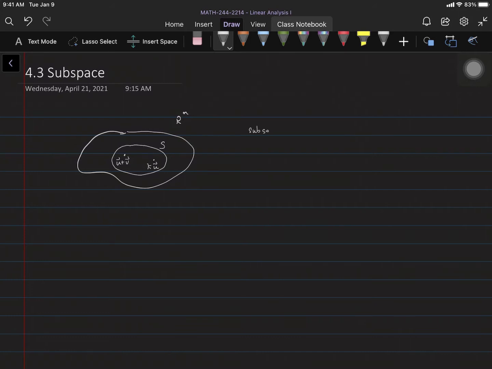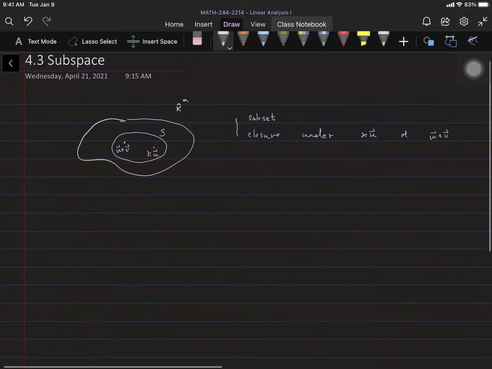Firstly, it's a subset, a smaller set, and closure under scalar multiplication and addition. Closure means those two still belong to S.